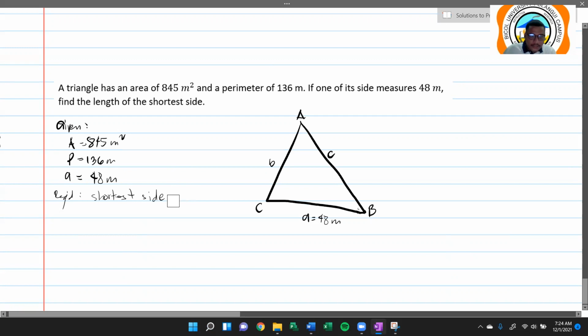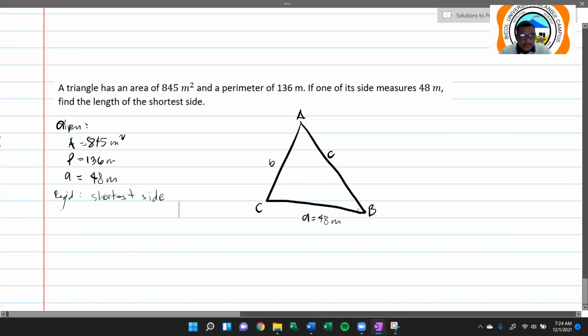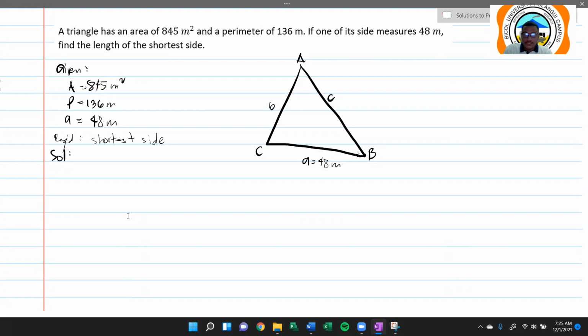Okay, now let's solve this problem, class. So what would be our solution here? First, we have two unknowns here, b and c. To solve for these two unknowns, we need two equations. Where can we find those two equations? From the given. We have an area and a perimeter, so we will use those givens to establish our two equations.